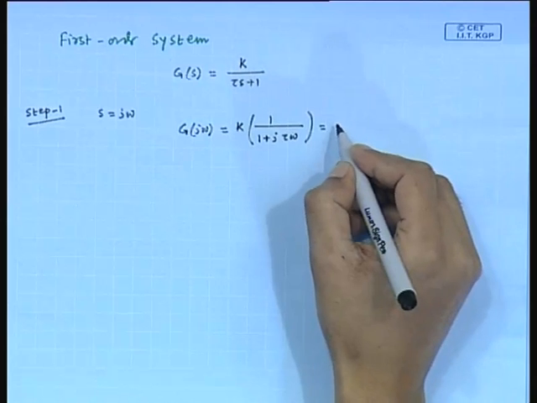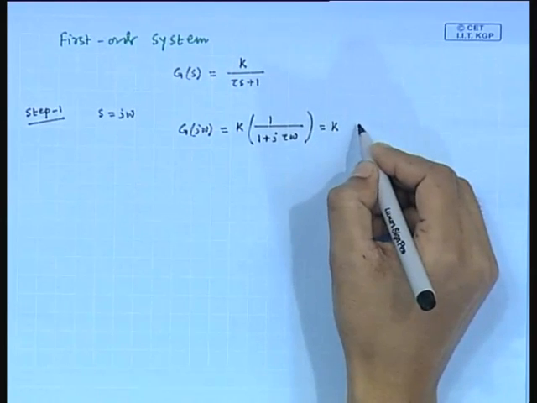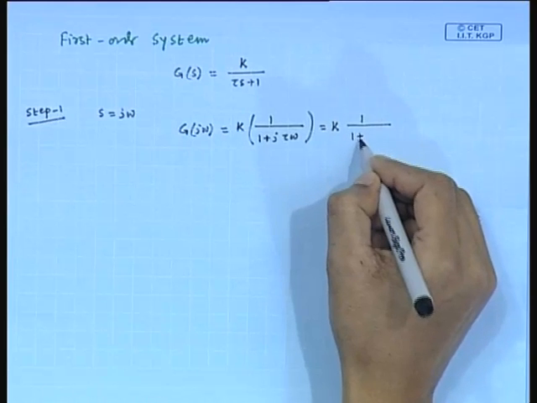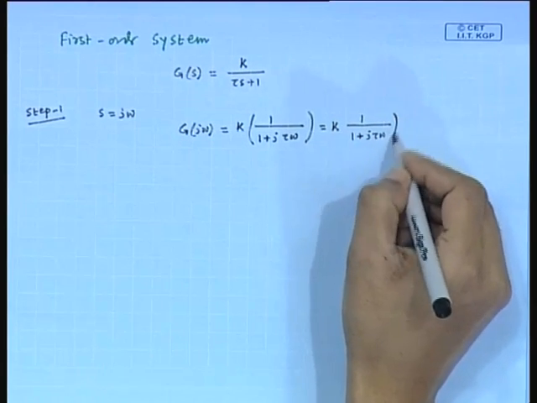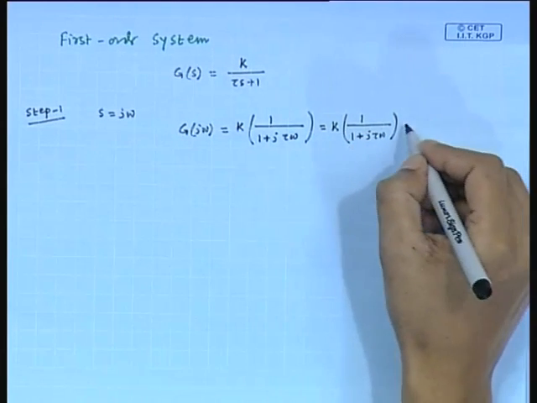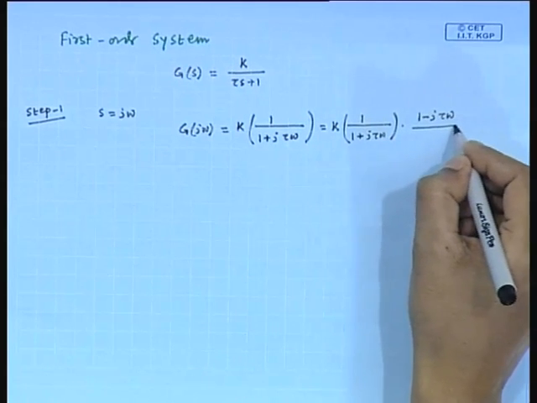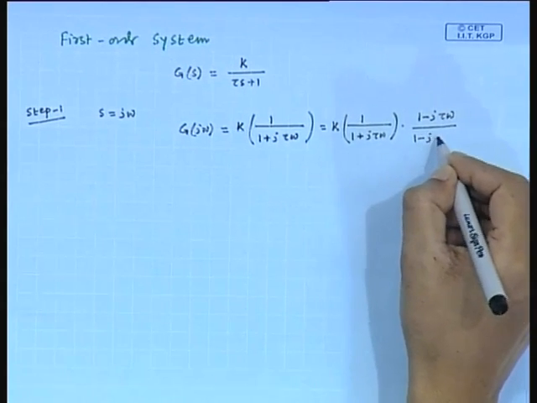So, we can write this again as K multiplied by 1 divided by 1 plus j tau omega, times 1 minus j tau omega divided by 1 minus j tau omega.